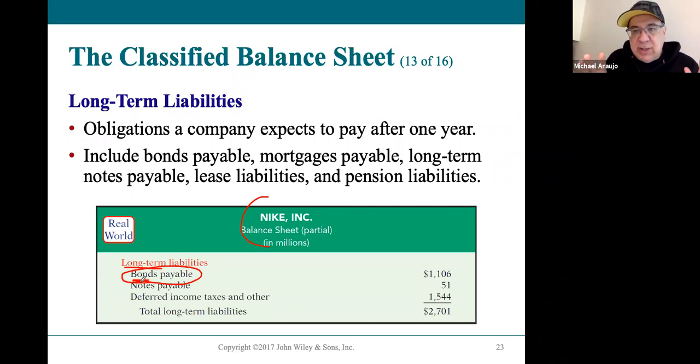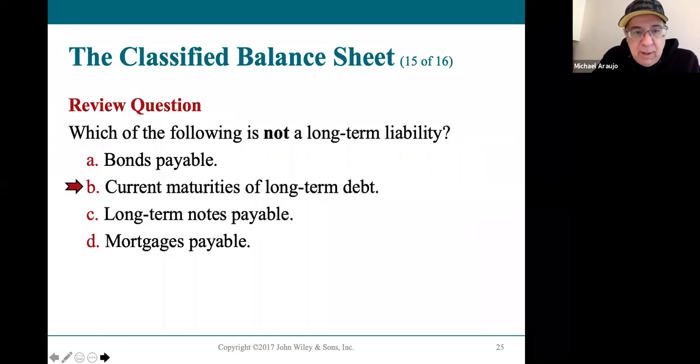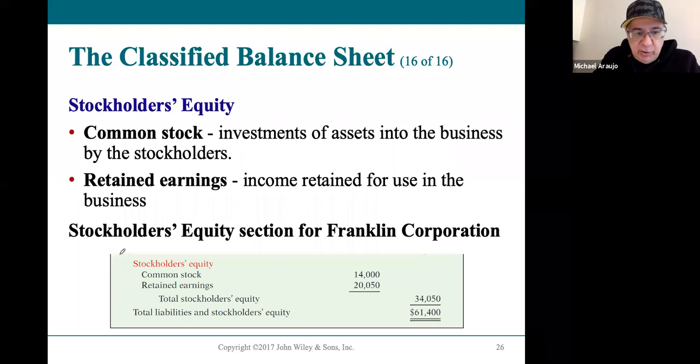And corporations are big beneficiaries of those types of investors that want to lend. So when a company, a corporation borrows money from investors, they usually do it in the form of a bond. And that's all a bond is, a long-term loan from investors. And that's why it's under long-term liabilities. And of course, there's no change to stockholders' equity, as we mentioned.